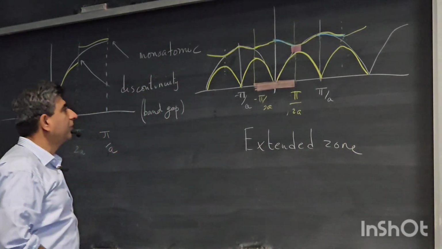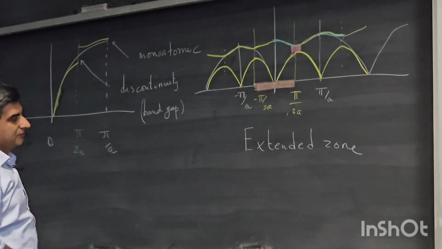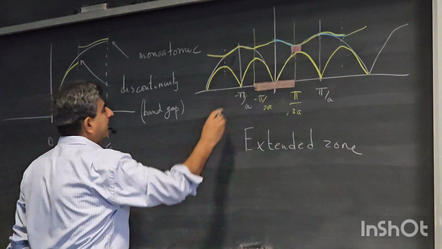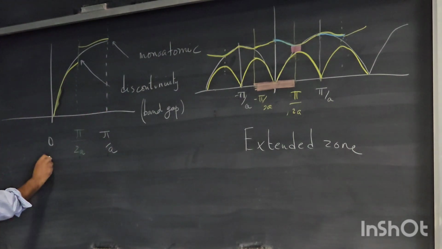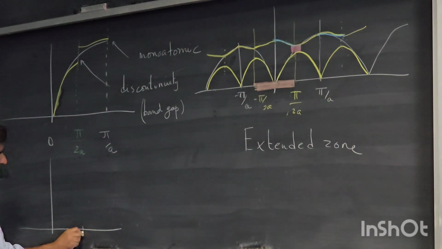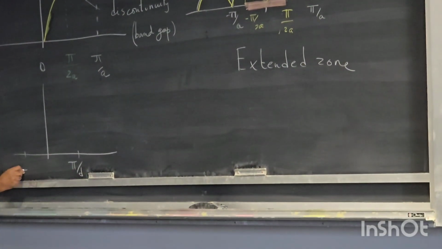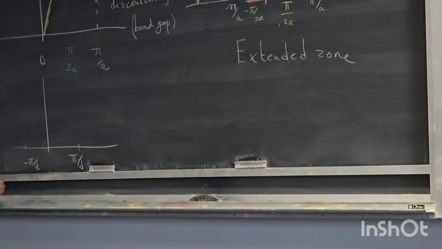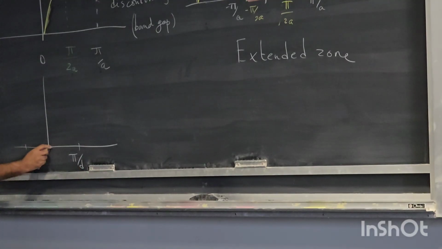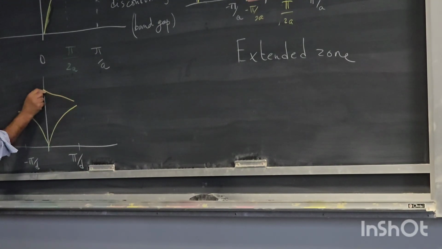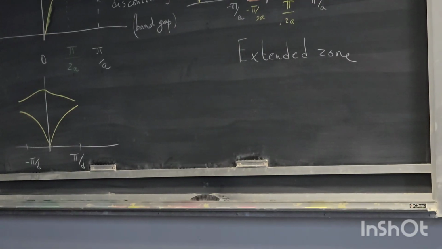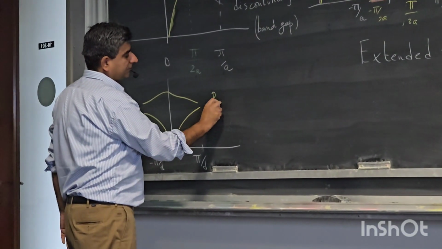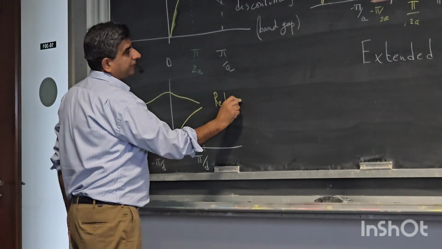If I only show the first Brillouin zone, so for the same dispersion relationship, if I just plot for the diatomic case pi over d and minus pi over d, if I were to just plot inside the first Brillouin zone, it's called the reduced zone scheme.